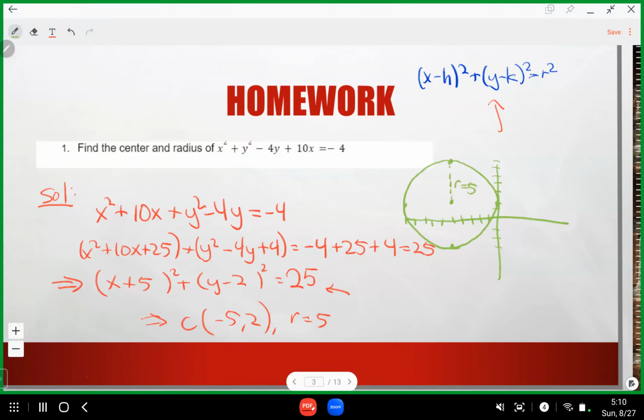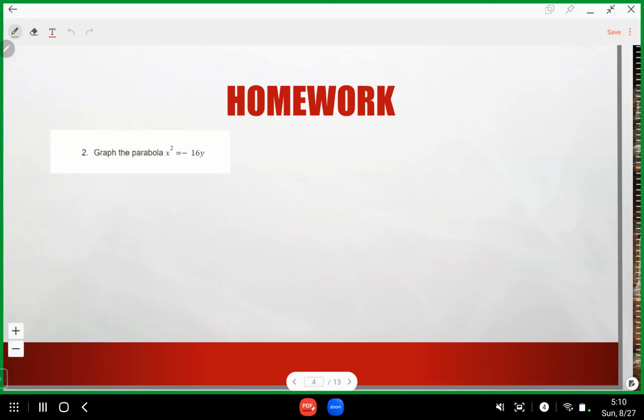Okay, very good. So let's go to number 2 and graph the parabola x squared is equal to -16y. So I'll give you a couple moments to do this, and then we'll be back.